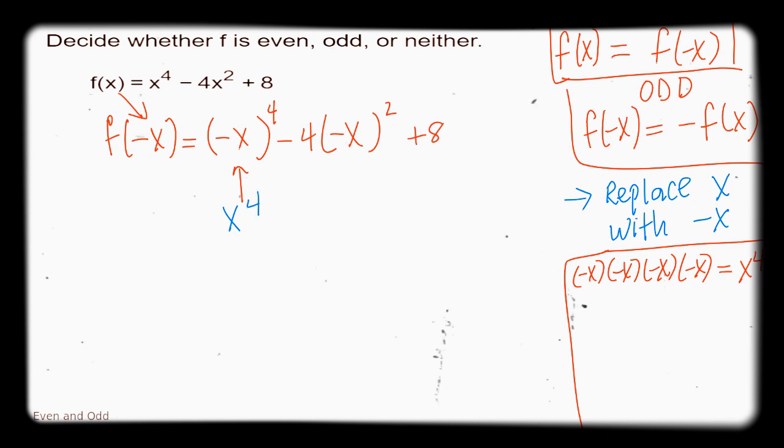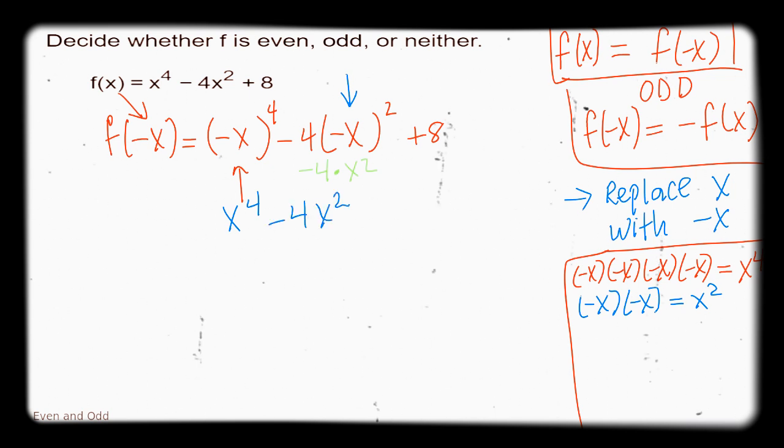And this is what we have to do. Remember order of operations: you have to do parentheses first. So don't multiply negative 4 times negative x. You have to do the negative x squared first. So negative x times negative x is x squared. Then when you multiply negative 4 times x squared, you have negative 4x squared.